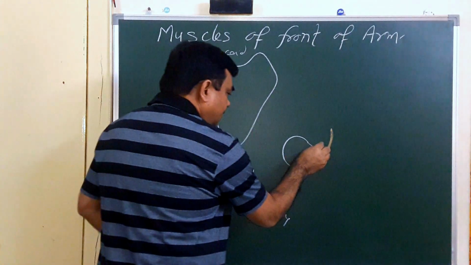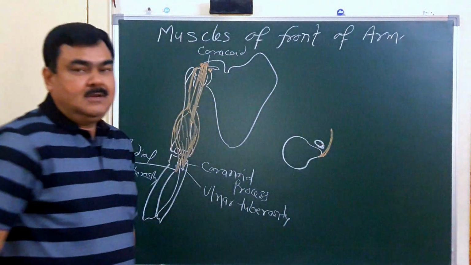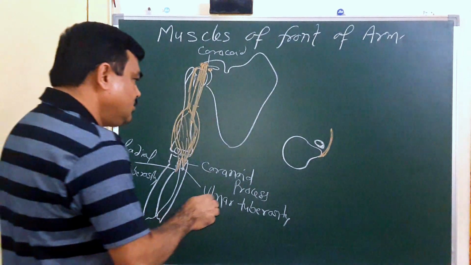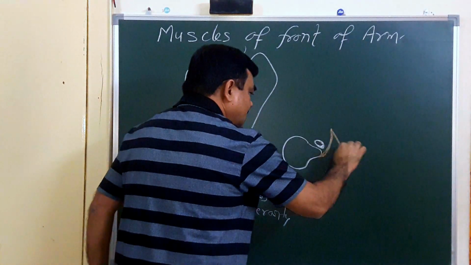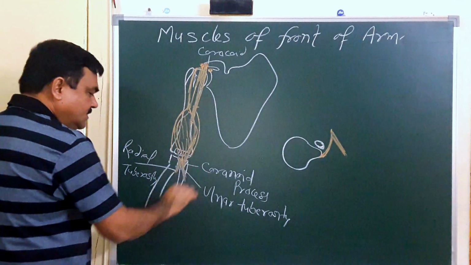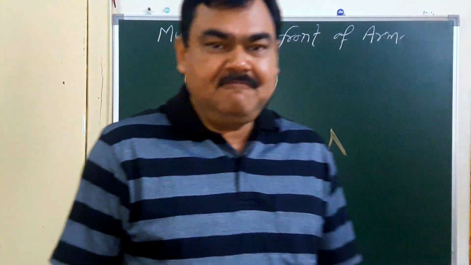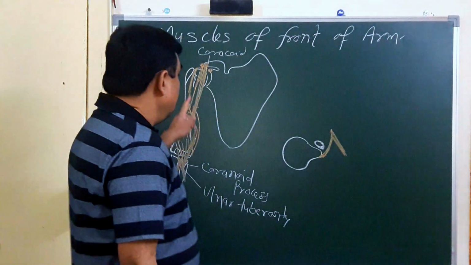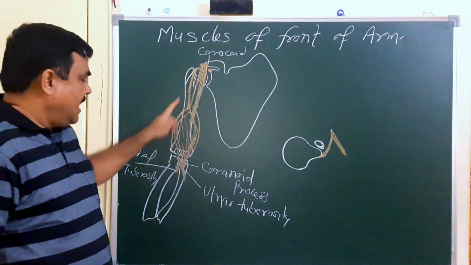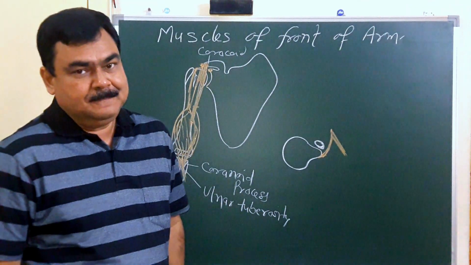And here there is a bursa. A bursa is present in relation to this. And this muscle also has an aponeurosis here. This is the bicipital aponeurosis, which merges with the deep fascia of the forearm. So this biceps brachii takes origin from two heads and is inserted on the posterior part of the radial tuberosity.